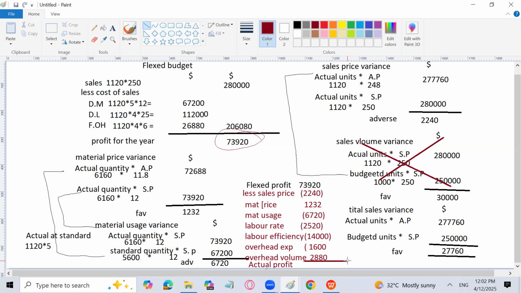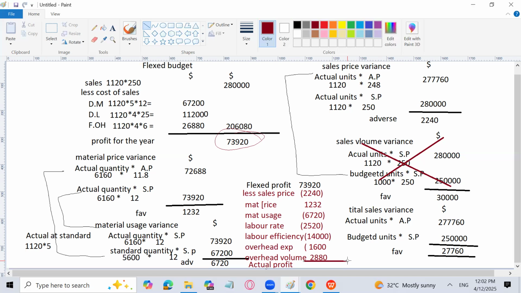Actual profit you can also calculate by preparing the actual income statement. But the examiner has asked you to prepare a reconciliation starting from flex profit and reaching the actual profit through variances, through the differences.